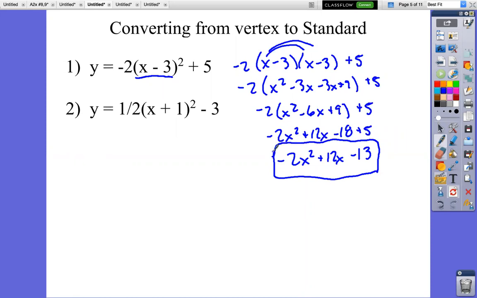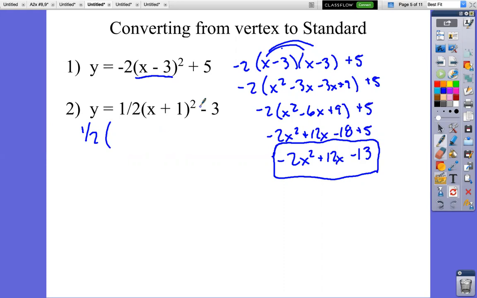You have to FOIL it out first. Then distribute, and then add or subtract that constant. Now, I would not distribute that -2. Once you're in here, you could distribute the -2, but I just saved that for last, and specifically because of number 2.